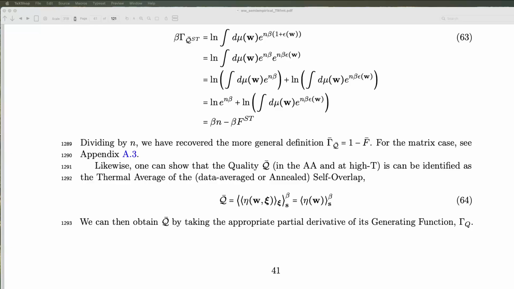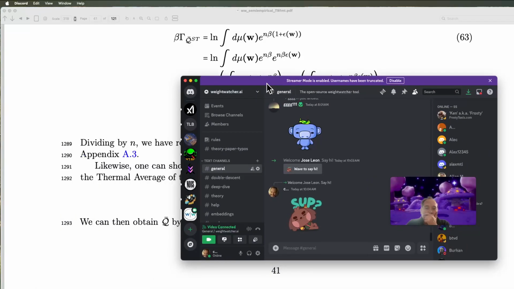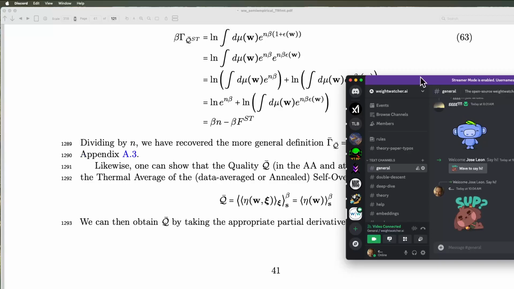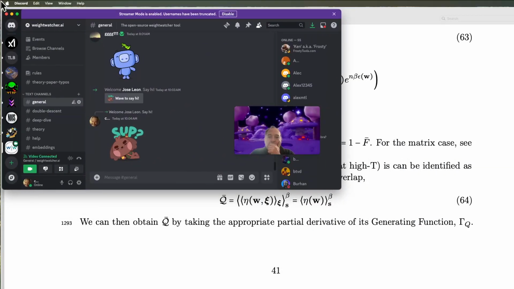I have another question. Go ahead. If I understood correctly, the main objective of this semi-empirical theory of deep learning is to have some kind of thermodynamic rule associated to the calculation of the generalization error, some average generalization error.